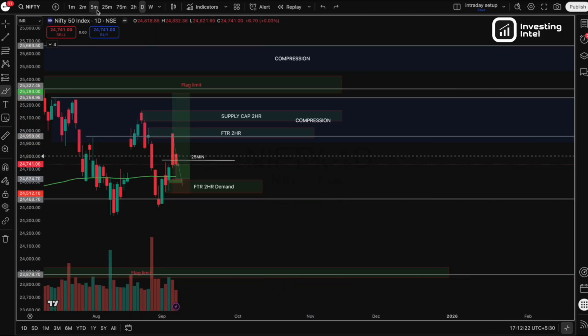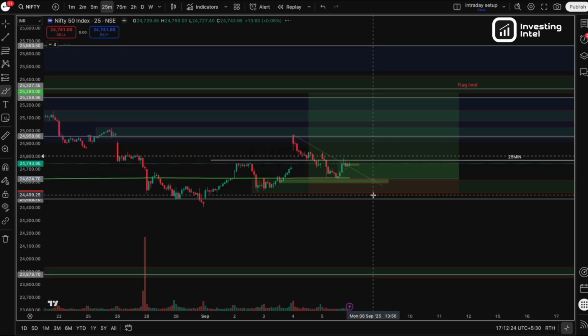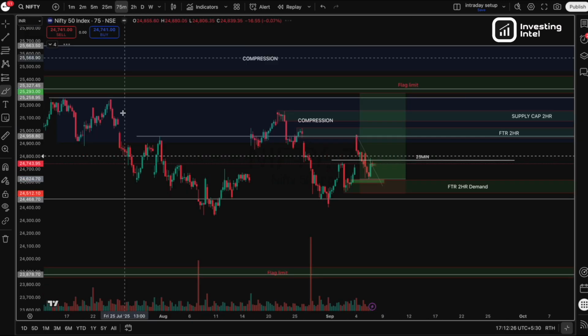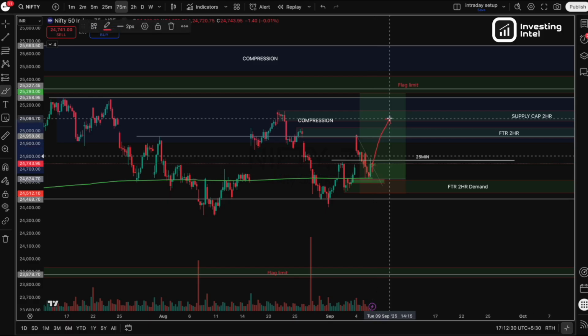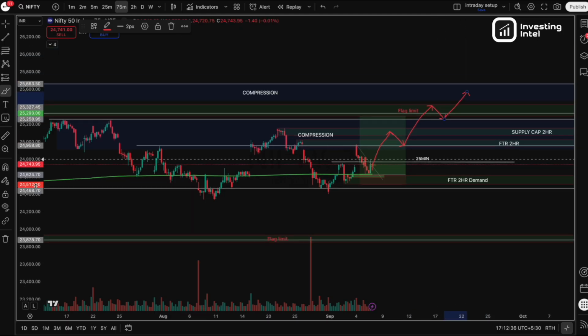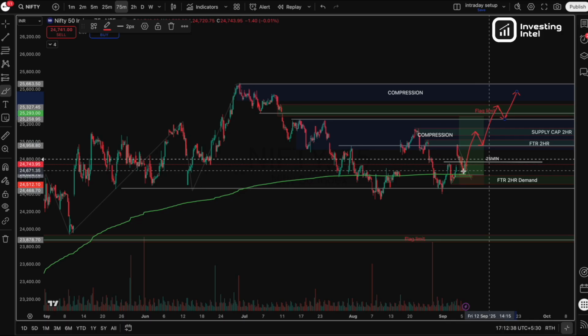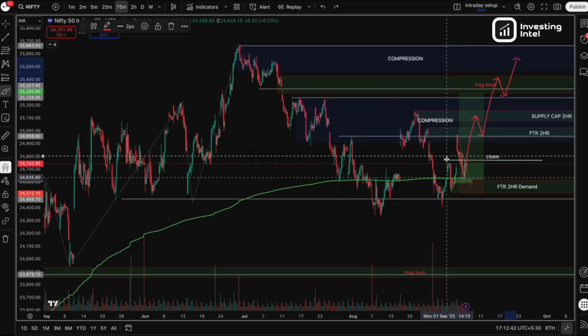But again, if price shows good momentum like this and breaks this level, this zone is under a compression zone.